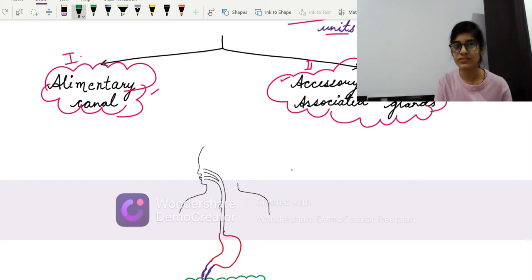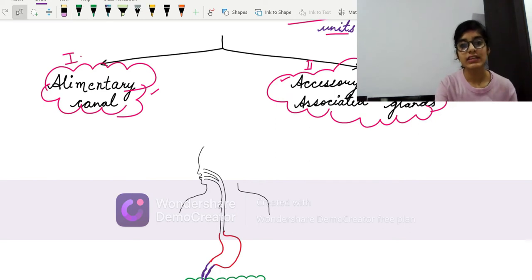The food is ingested through our mouth, it goes to the stomach, it is digested or broken down into small absorbable units, then it is absorbed into the blood, and the undigested waste particles are excreted out through the anus, right?